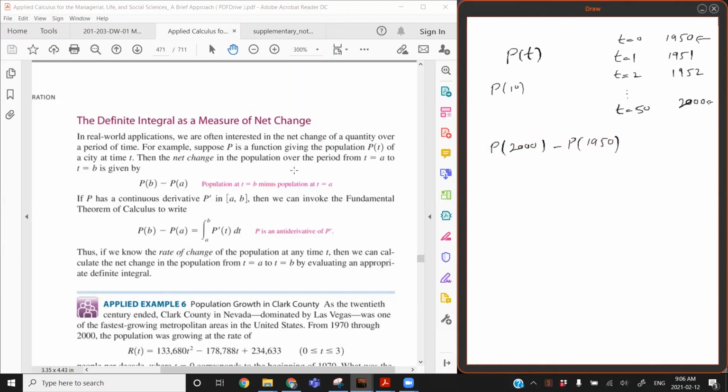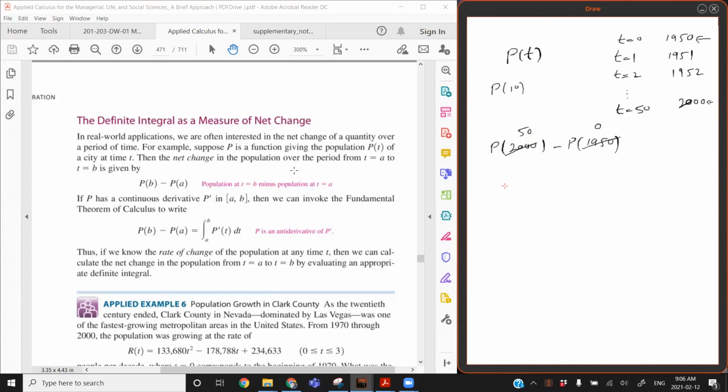That would be the net change, which could be positive, could be negative. If the population in 2000 is greater than the population in 1950, then this is going to be positive. I have to actually plug in 50 for 2000 and plug in 0 for 1950. Otherwise, you're going to get negative.